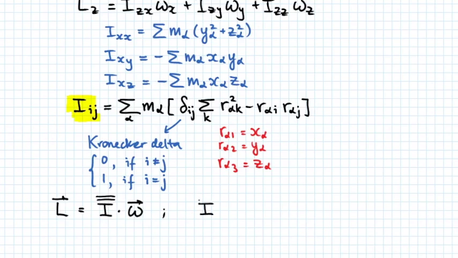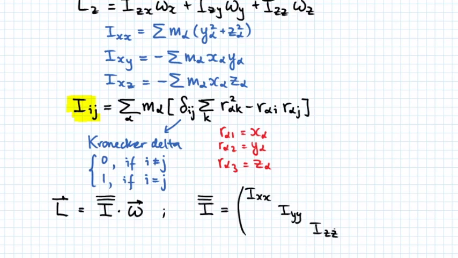The object I is known as the tensor of the moment of inertia, and it has components given by I sub ij: I xx, I yy, I zz.